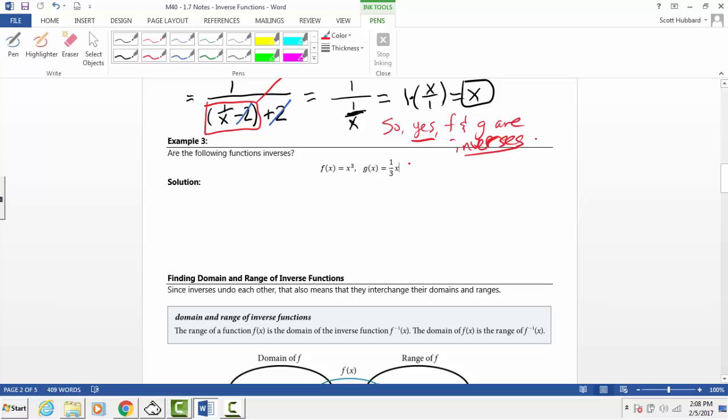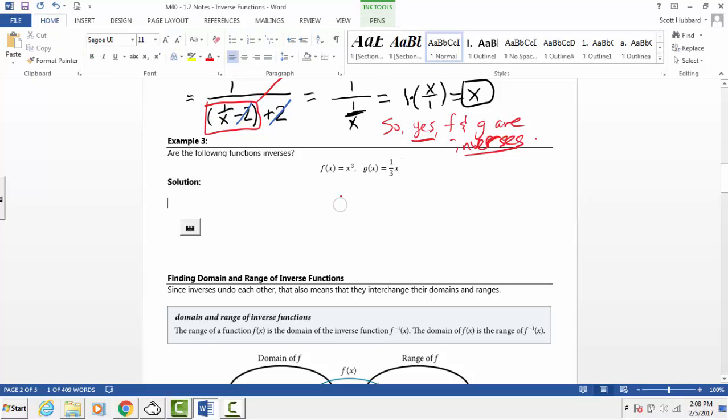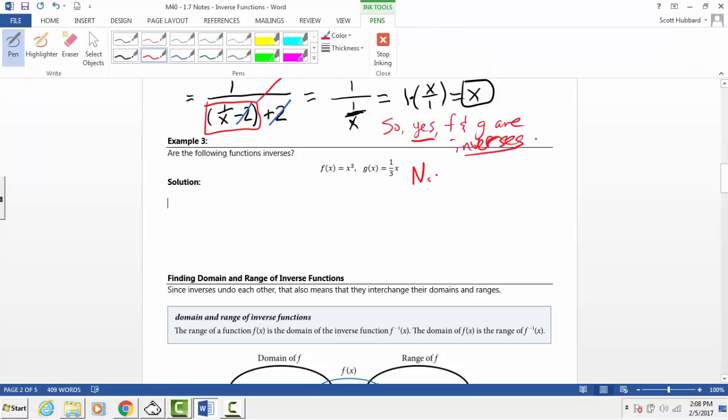Okay, we're back, and the answer is definitely a big no. Let me go back here. The answer is a big no. Okay, and the reason is that if you do f of g of x, say, that would be f of 1/3 x, which would be, remember what f does, it takes this input and it cubes it, so we get 1/3 x cubed, which is equal to 1 over 27 x cubed.